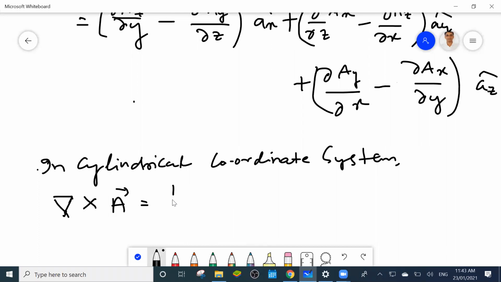So 1 by r, then the determinant. H1 value is 1, so A_r r-cap, then H2 is r, so r phi-cap, z-cap. So A_r, then r A_phi, then A_z.